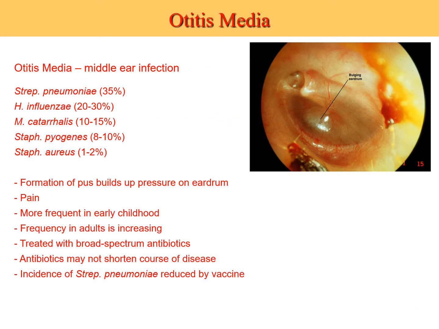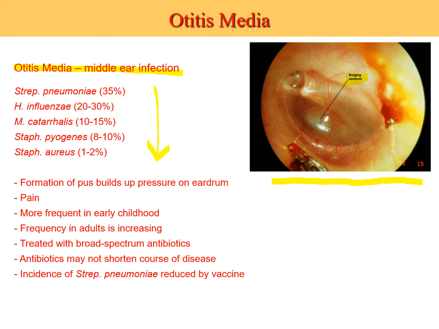Okay, let's talk about middle ear infections. We mentioned before the organisms that most commonly cause these kind of infections, in descending order. What you see here is a view inside the ear canal from the outside, and you see that there's a bulging out of the eardrum at the end of the canal.